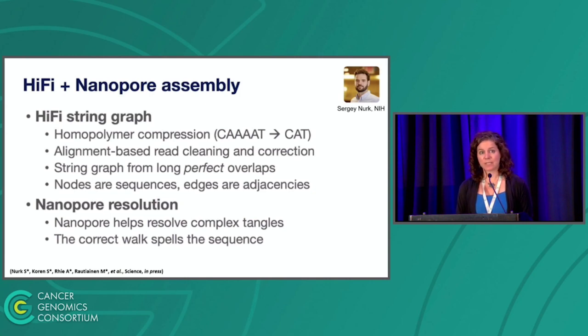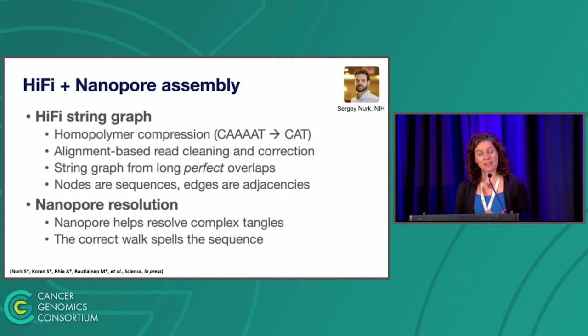And the first step was to take the HiFi data, which was already near perfect, and get it as close to perfect as possible. This was identifying regions that we knew were problematic for these long reads, like homopolymer expansions, or even small dinucleotide repeats, which presented error in the HiFi data sets.